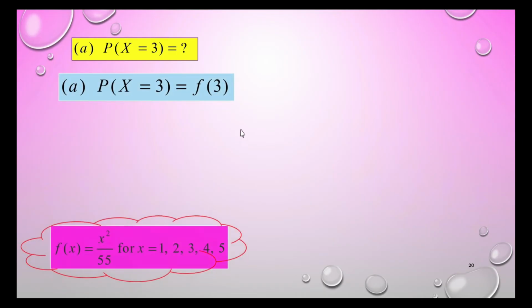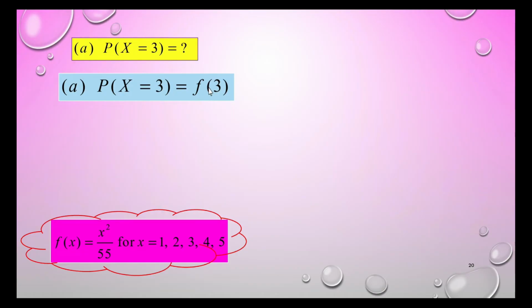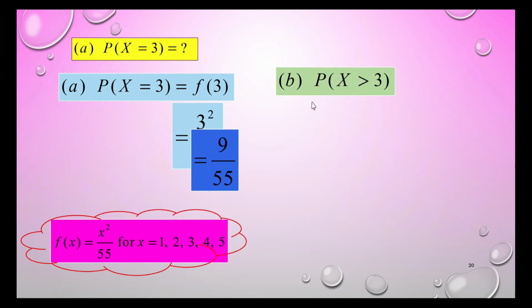How to evaluate P(X = 3)? P(X = 3) is f(3). To find f(3), we just substitute x equals 3 into the given function. So we get 3 squared over 55, and the answer is 9 over 55. How to find P(X > 3)?